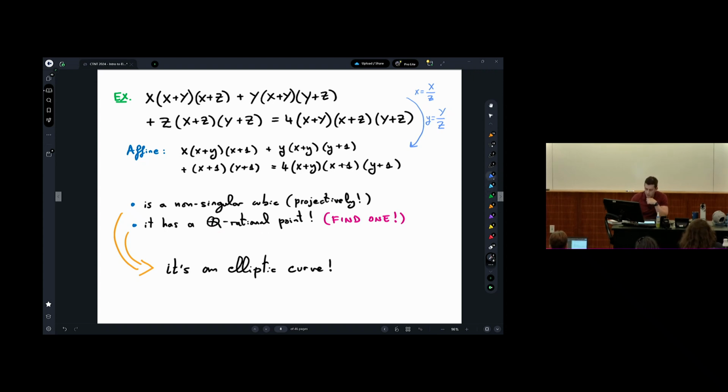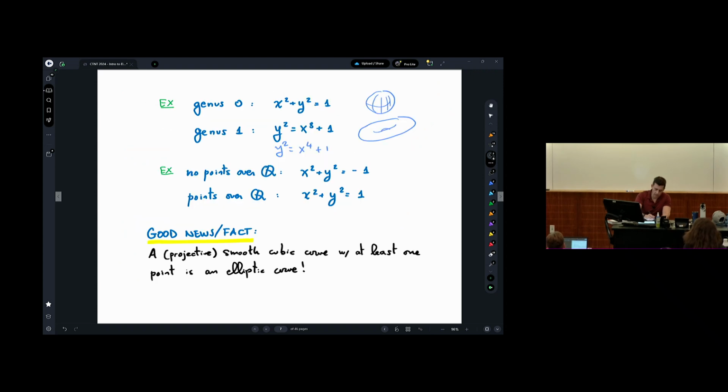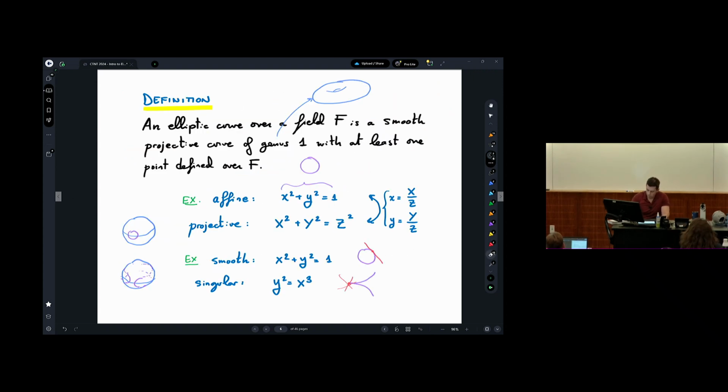That's a good question. You could say a Q point, and that means that it's a point defined over Q. But many times we will say F-rational to mean that it's defined over F. A point defined over F, people will say, is an F-rational point.